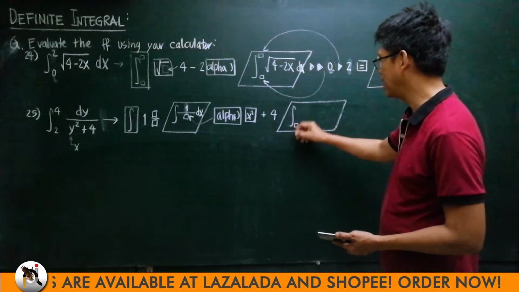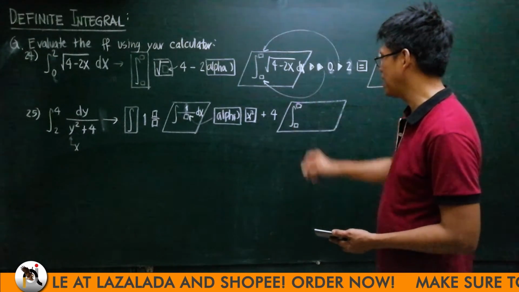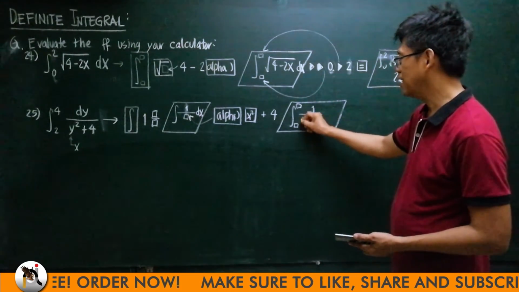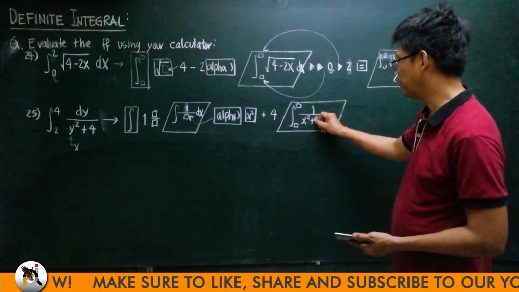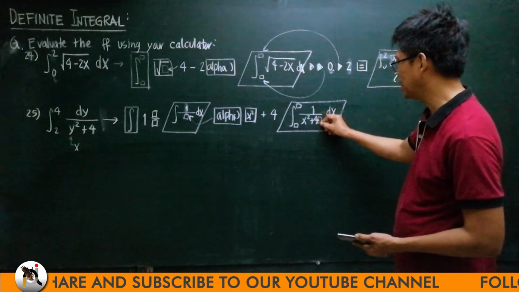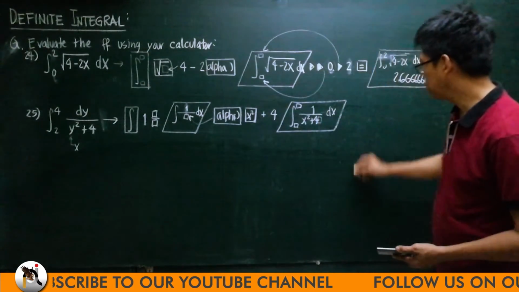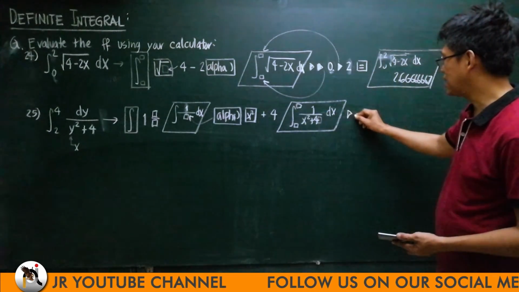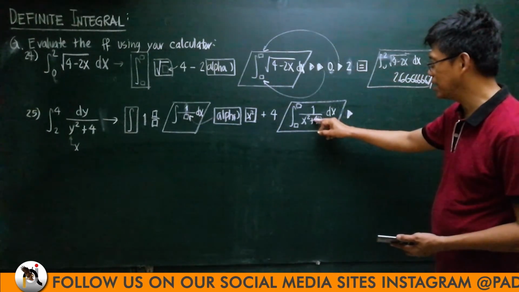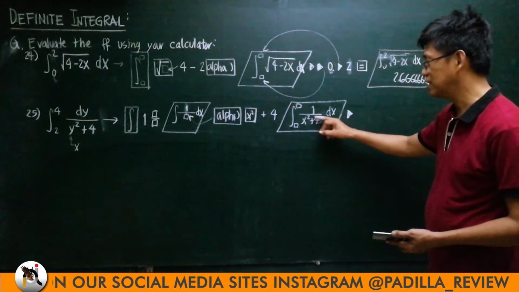Integral, blank lower limit, blank upper limit, then 1 over x squared plus 4 dx. But your cursor is still here. Then press the first right arrow key to bring it outside the denominator.